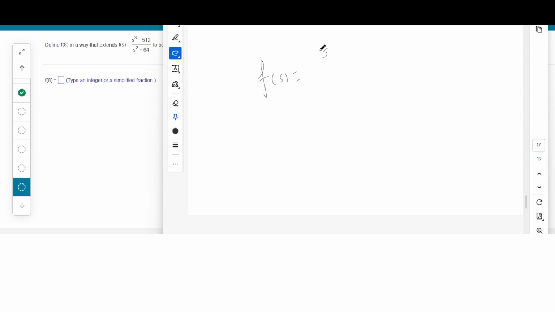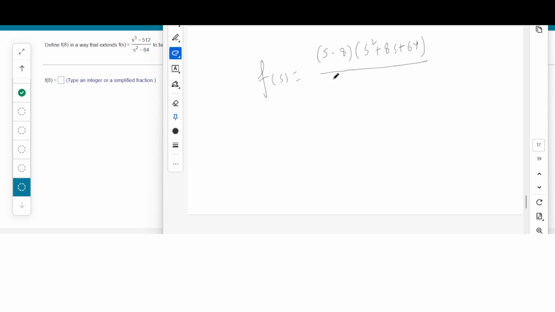If you simplify the top, because that is a cubic, it would be (s minus 8) times (s squared plus 8s plus 8 squared, which is 64). These are the two factors of the top part. If you need some help, just pause the video and try to find the factors of this cubic polynomial.